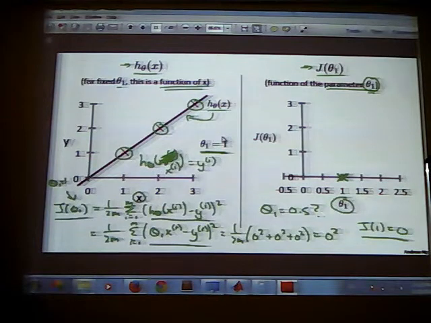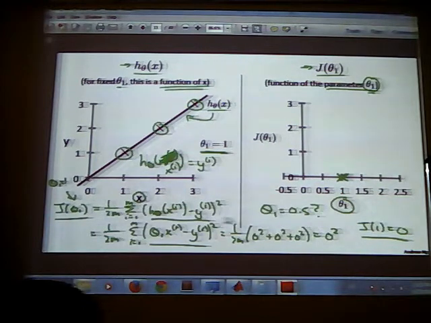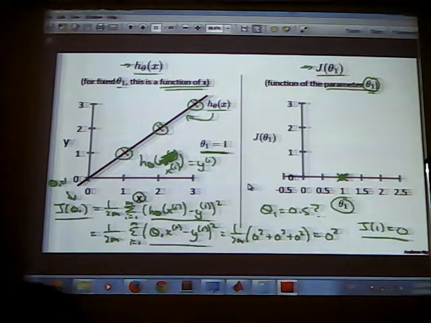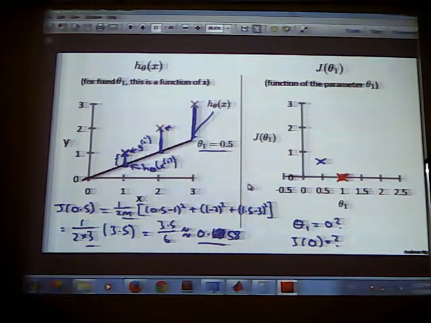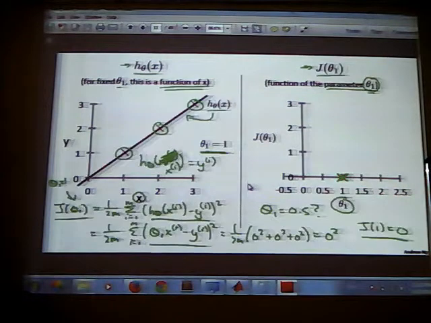Previously we had theta 0 equals theta 1 equals 1, and accordingly this line was obtained, and j of theta 1 was 0. So now what we are going to do is take theta 1 equals 0.5. If we take theta 1 equals 0.5, then what is our hypothesis going to calculate?